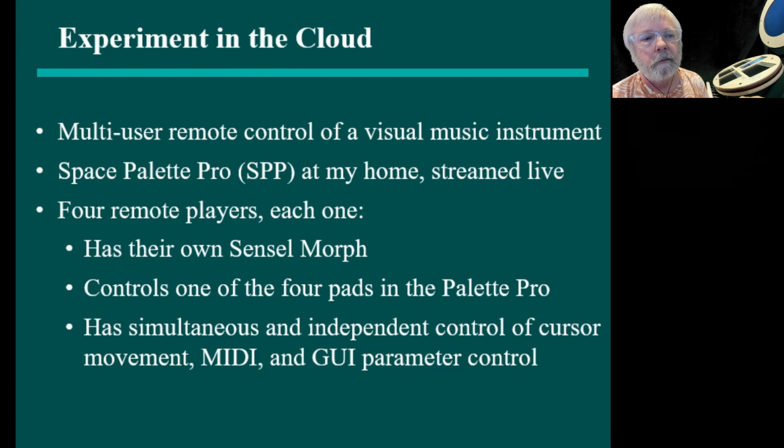They all ran this Palette software and were connected to this Space Palette Pro, and each person was controlling one of the 4 pads, and so their gestures were showing up along with everybody else's. They also have a GUI that controls all the parameters of their pad. So they have complete control of their visual instrument that they're playing, but they're collaborating jointly with 3 other people.